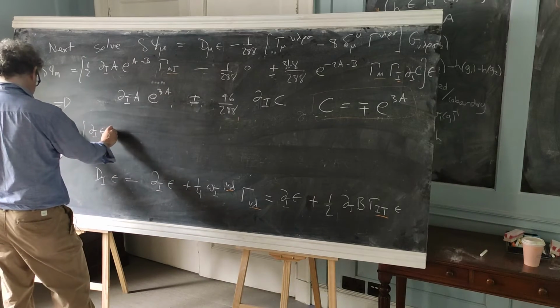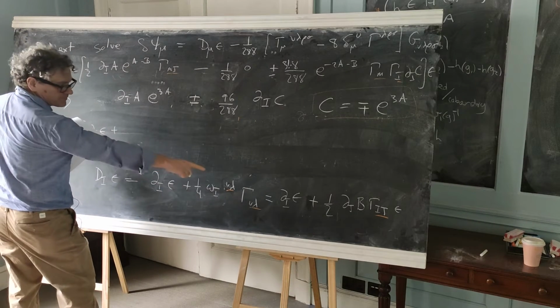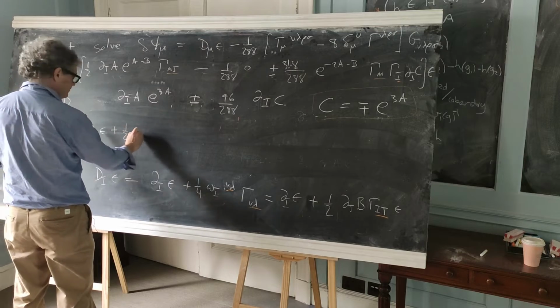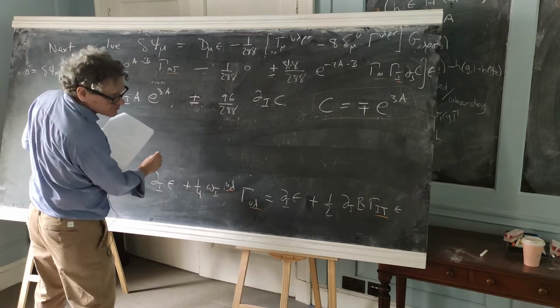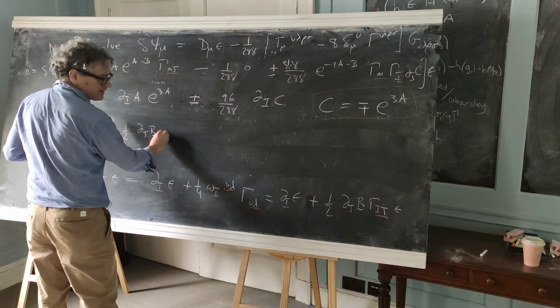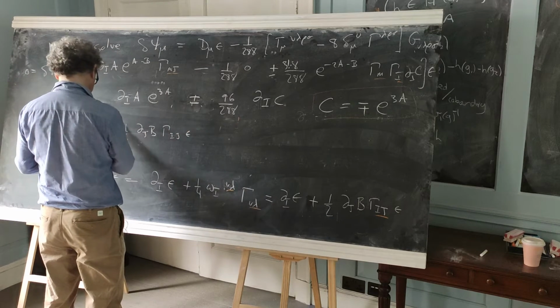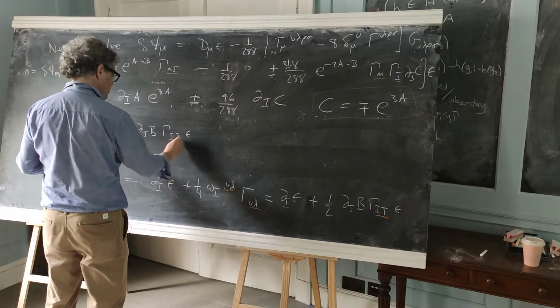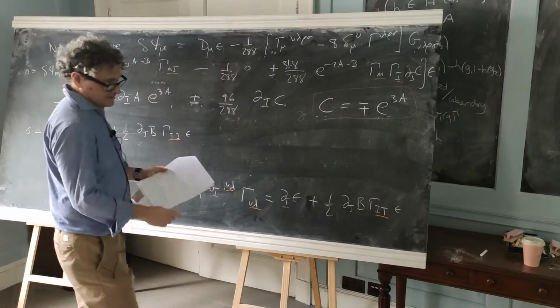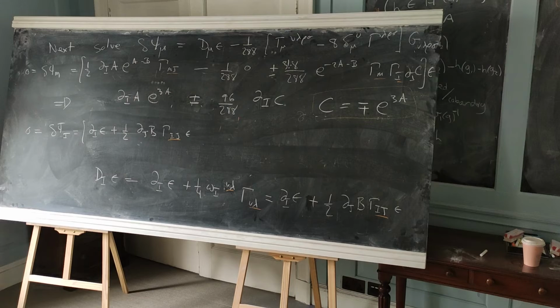Got di epsilon here, and then I've got this term from here, minus 1/2 dj, that is b, gamma ij epsilon. And then I have the bits here, that term and this term.